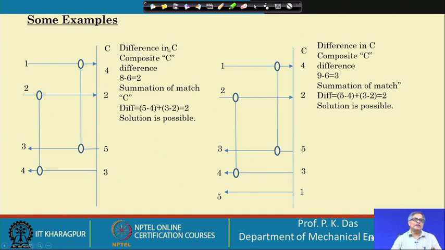So, what is the difference in C for the composite? The difference is 5 plus 3, 8, minus 6, that is 2, the summation of match C. The solution is possible in this case.